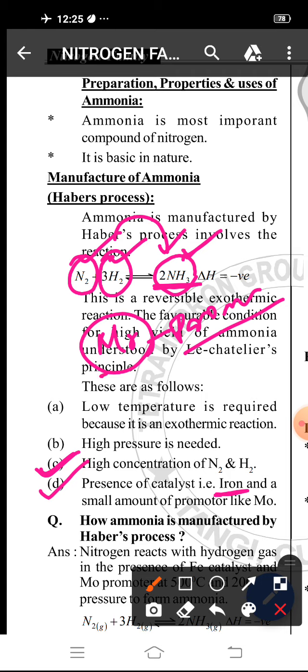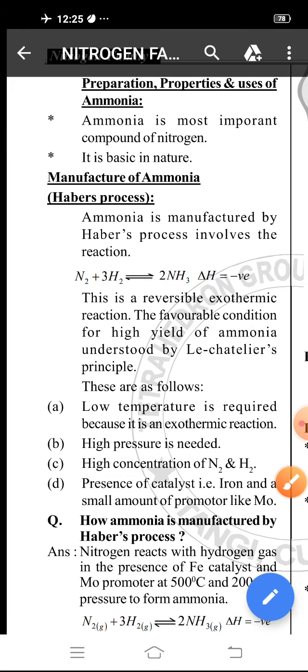That means molybdenum increases the activity of iron, and iron moves the reaction faster to form ammonia. So these are the favorable conditions for production of ammonia according to Le Chatelier's principle.